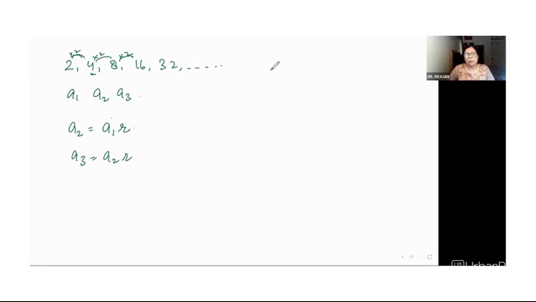You divide 4 by 2 here, it is 2. That means A2 by A1. You divide the third term, 8 by 4, A3 by A2. So in this sequence, what you can observe is the common ratio between two consecutive terms. You divide A2 by A1, A3 by A2, A4 by A3.